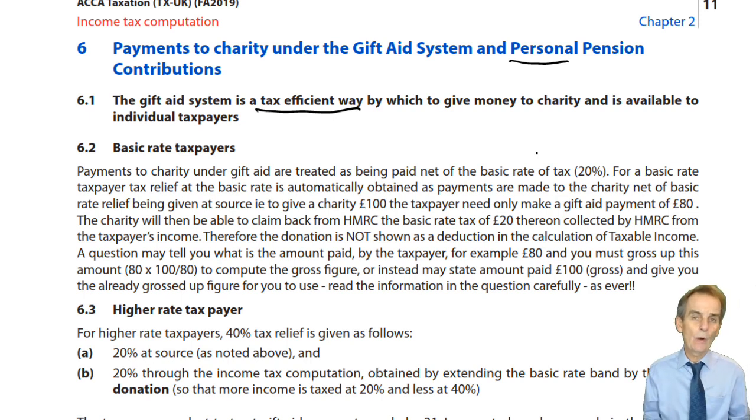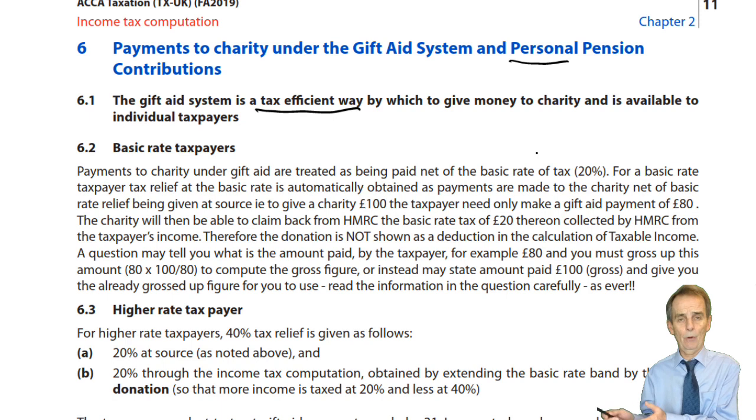I'll explain to you how it is tax efficient. Right, basic rate taxpayer. If I've got £100 worth of income as a basic rate taxpayer, then on that I'm going to suffer a 20% basic rate tax charge. So I started with £100 worth of gross income. I've now suffered 20% income tax.